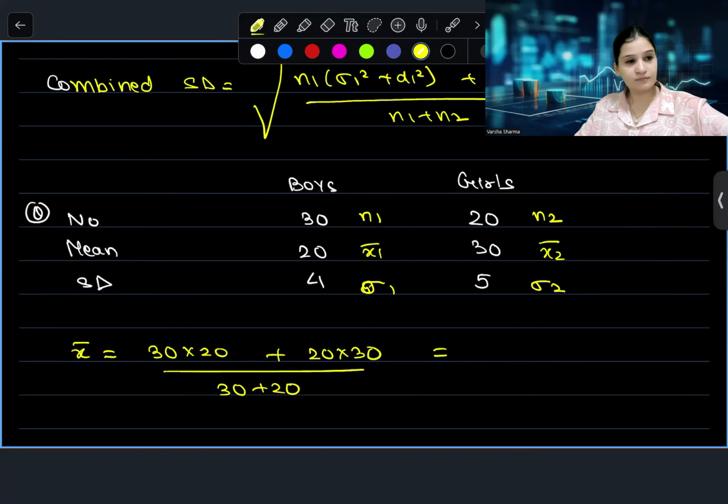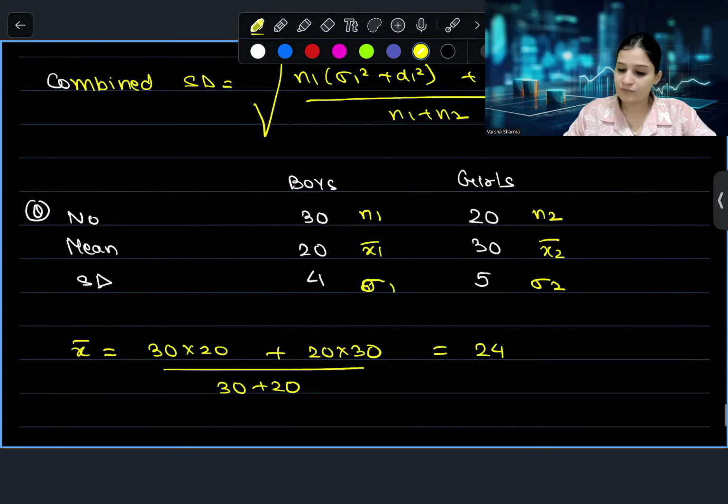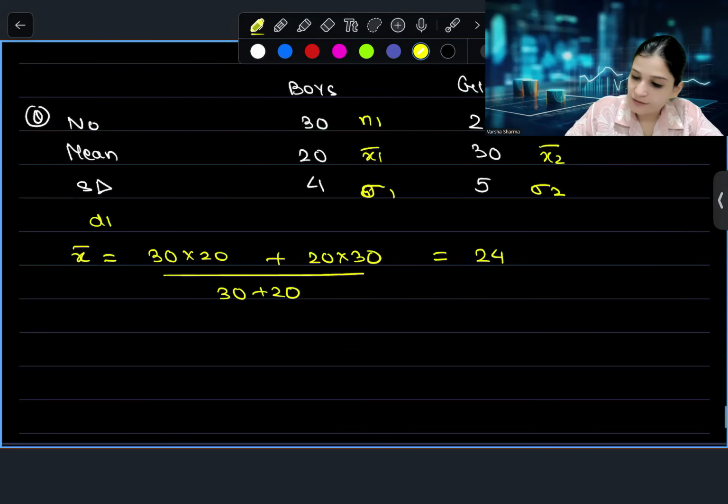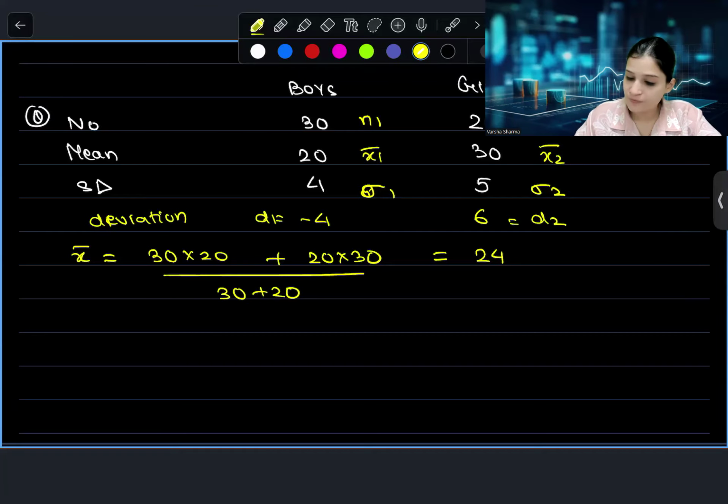24. Then we calculate D1, the difference. 20 minus 24, minus 4. 30 minus 24, 6. This is your deviation. This is D1 and this is D2.